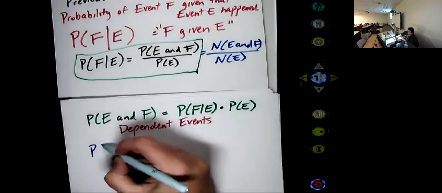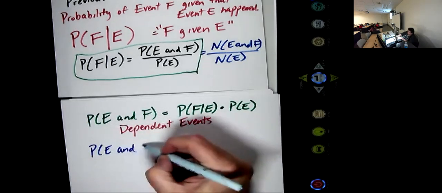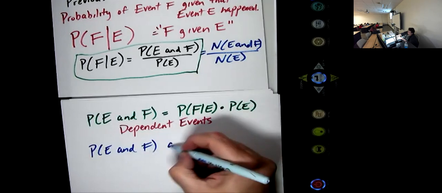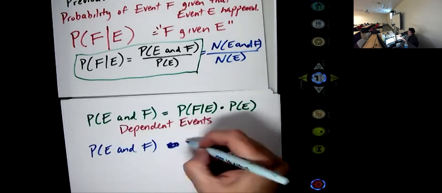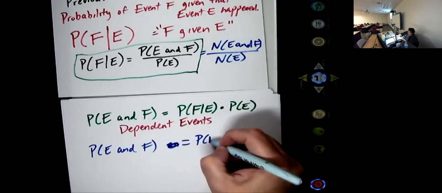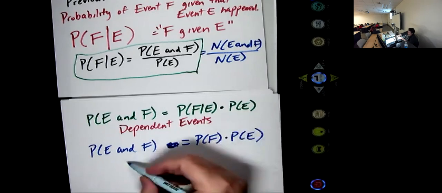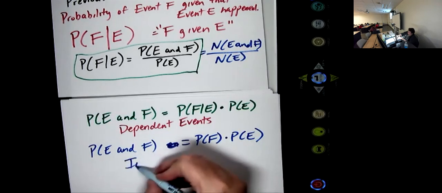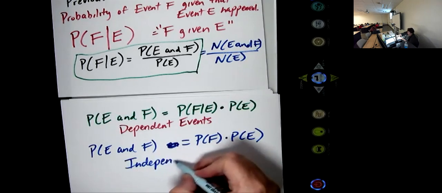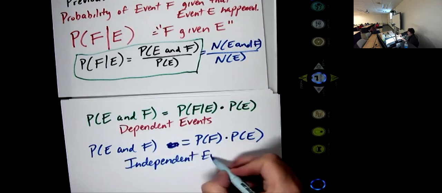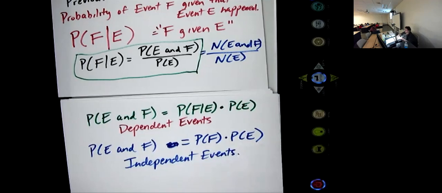Last week we had in the videos, probability of E and F equaled the probability of F times the probability of E, when they are independent. F and E have nothing in common.